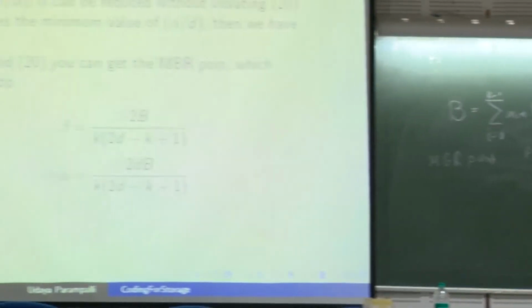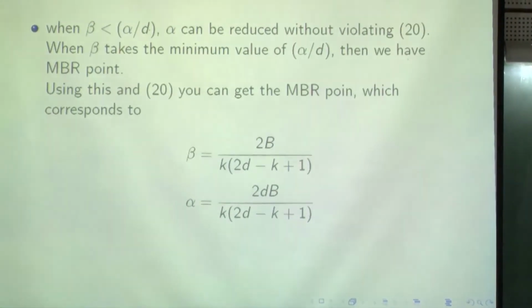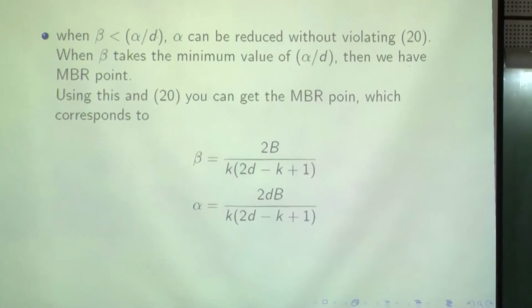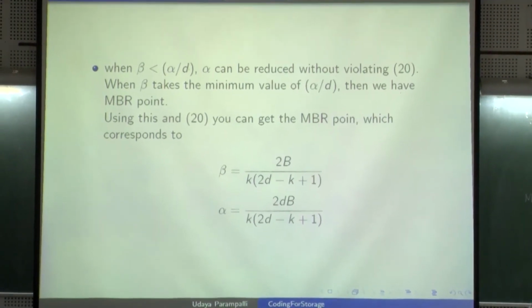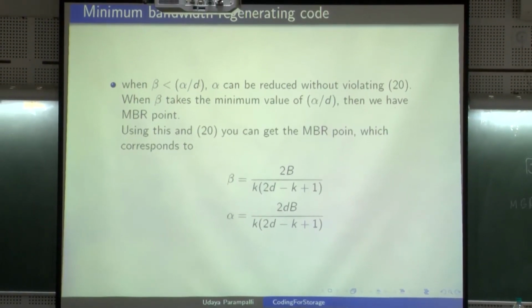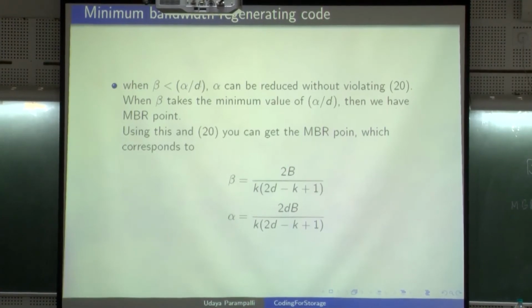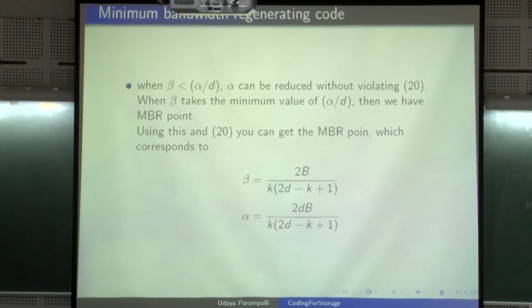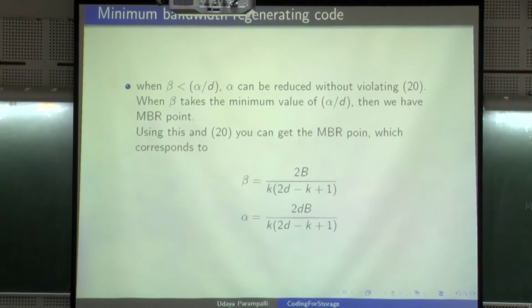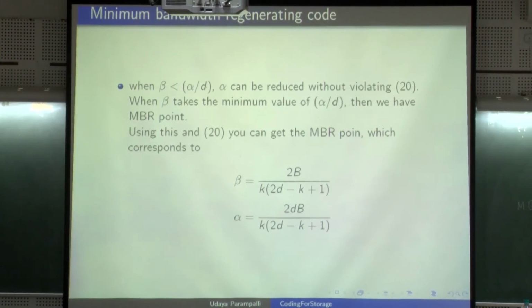So how do you find out the minimum beta for the purpose? Now in the case of the MBR point, alpha is definitely much more than what you actually hold.